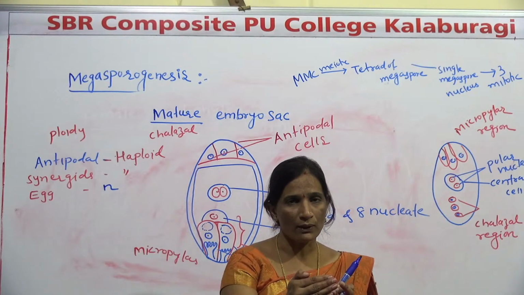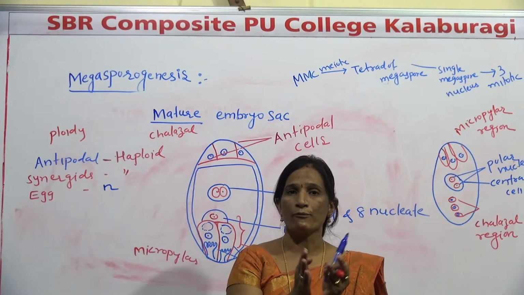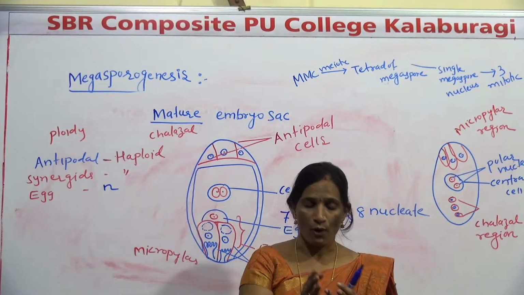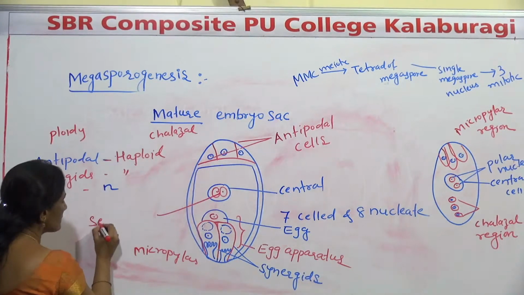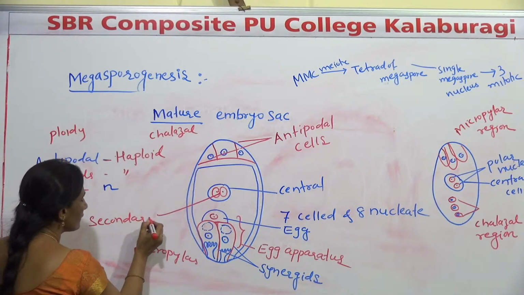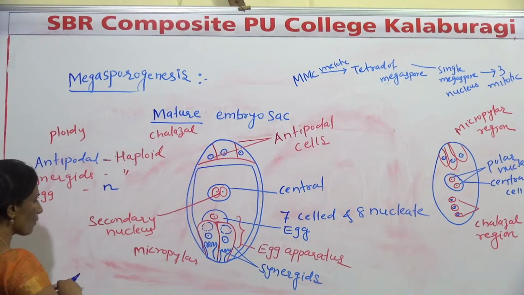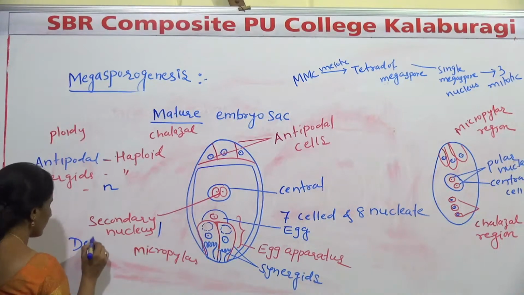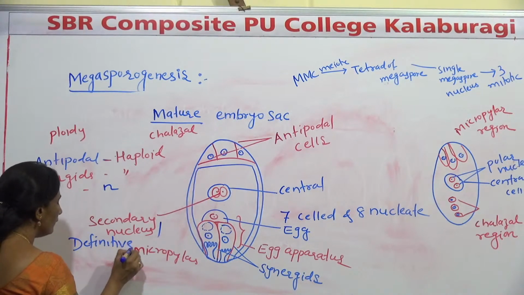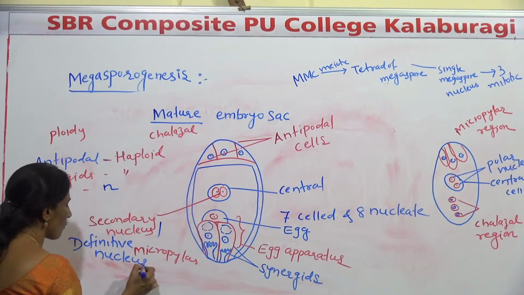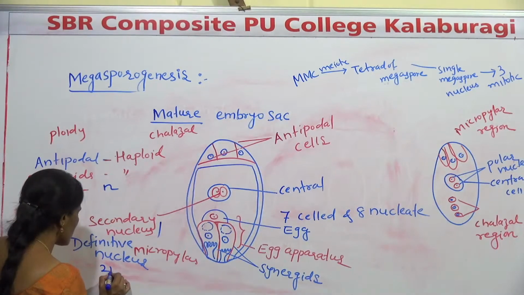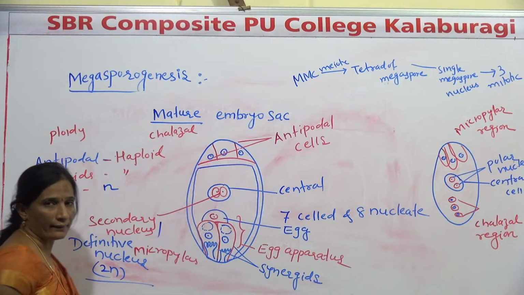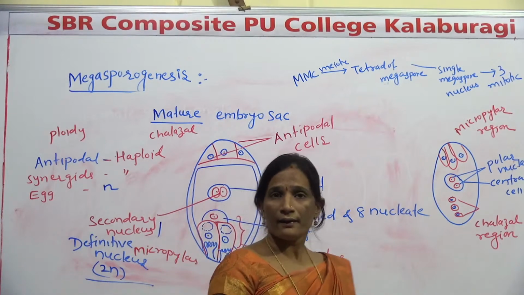When those two polar nuclei fuse, the result is called the secondary nucleus, also called the definitive nucleus, and this is diploid. Is it clear? This is diploid.